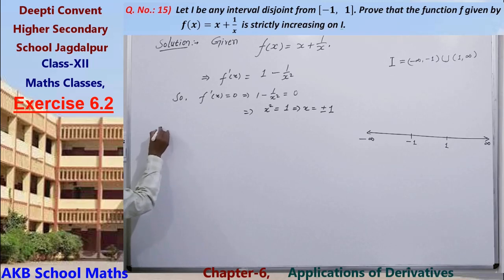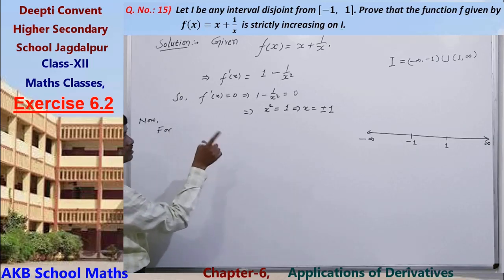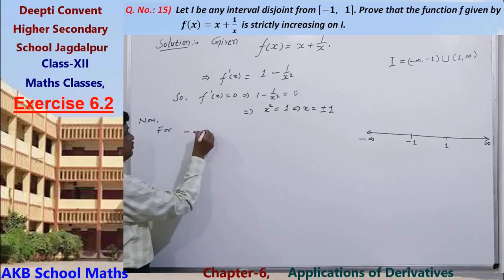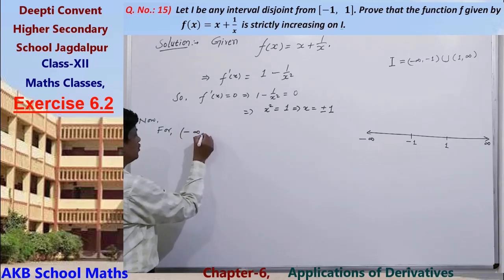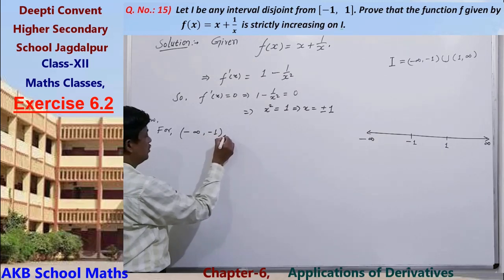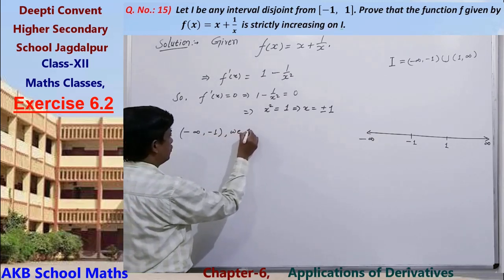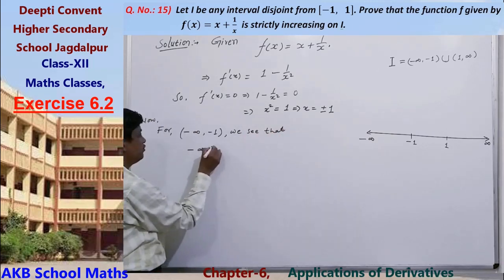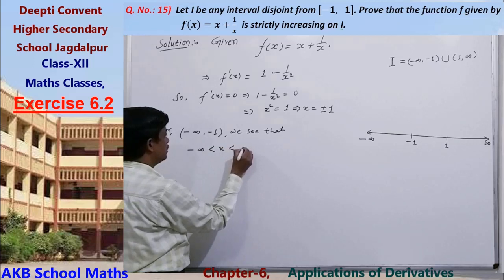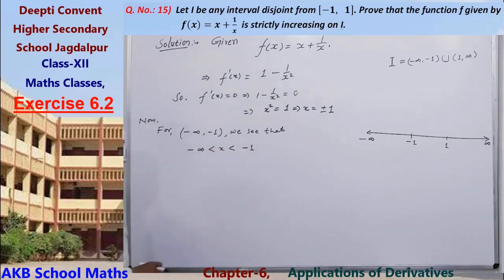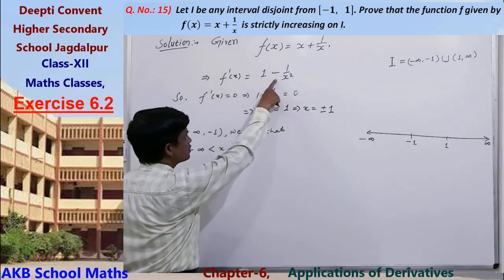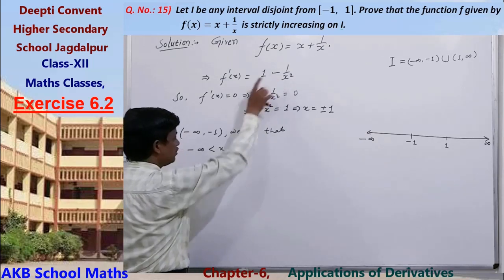For the first interval, -infinity to -1, x lies between -infinity and -1, and we have to check the sign of the derivative here.